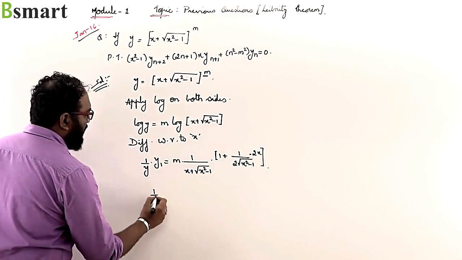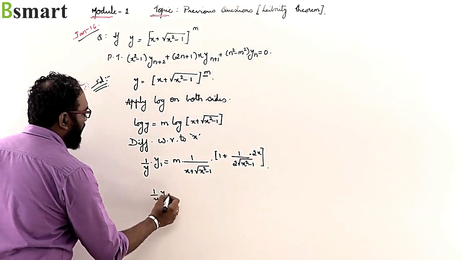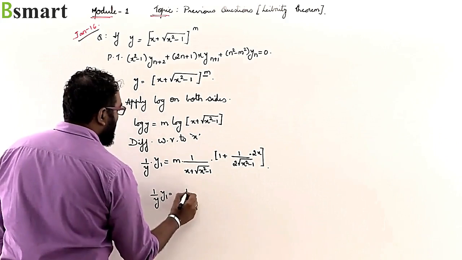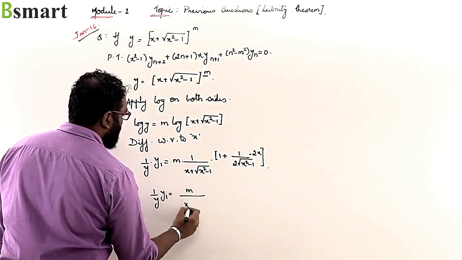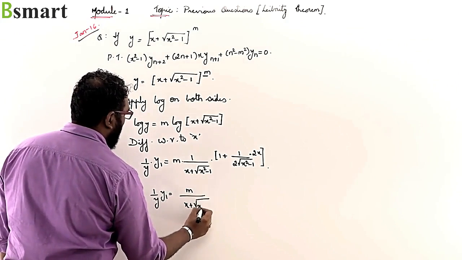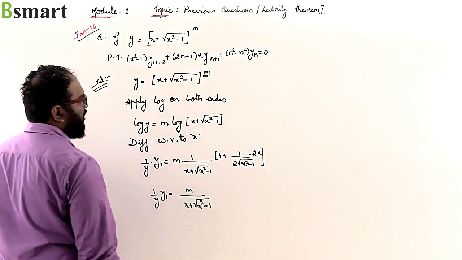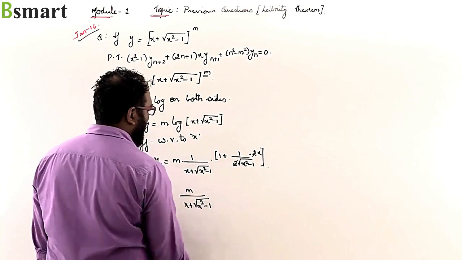Or 1 by y into y1 is equals to m by x plus root over x square minus 1 into, so 2 and 2 will get cancelled.